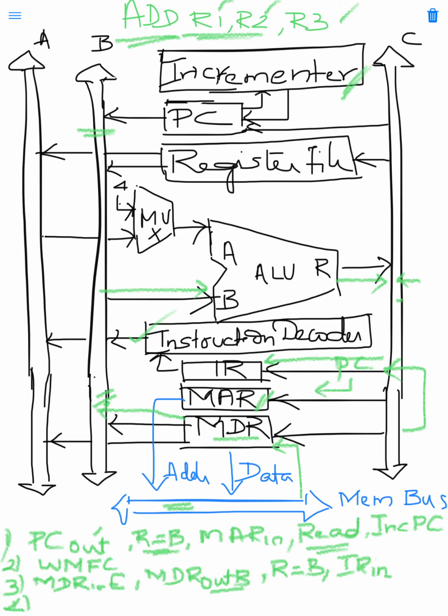Then you need to take the register value R1 and place it on bus A. Then the R2 register value you can place on bus B.